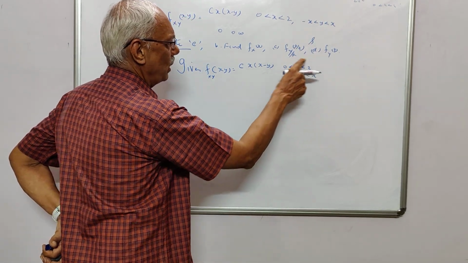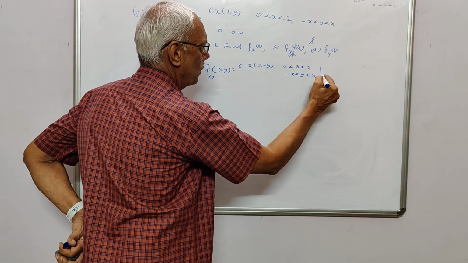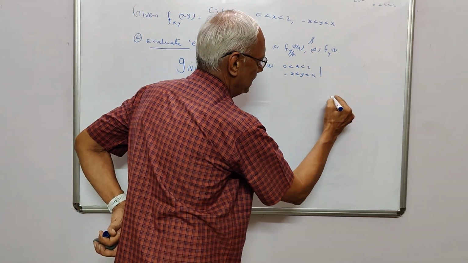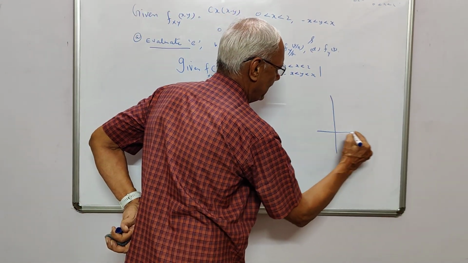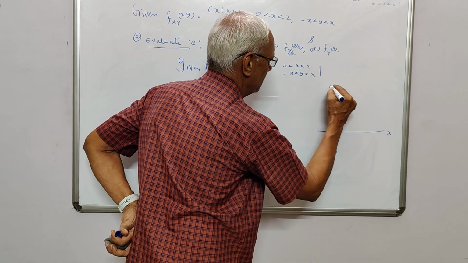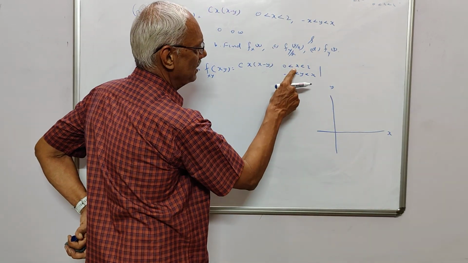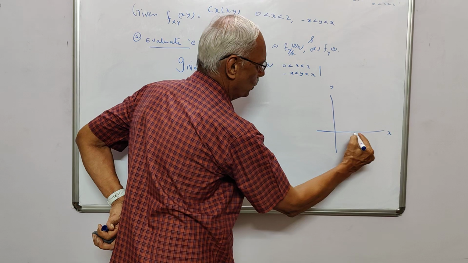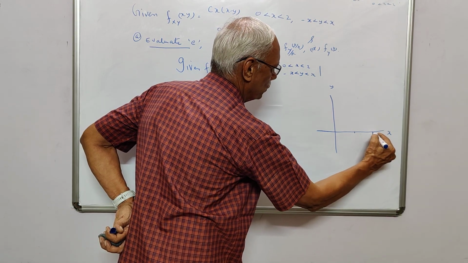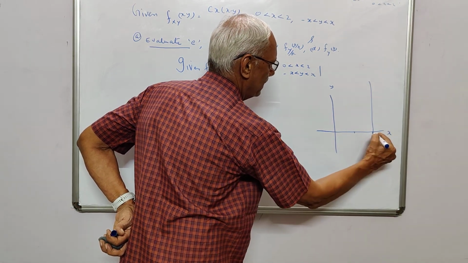Now that means you have to draw the domain of this. This is your x-axis, this is your y-axis, and this is 0 to 2: 1, 2. So draw a line like this.